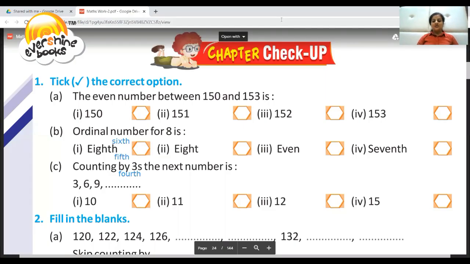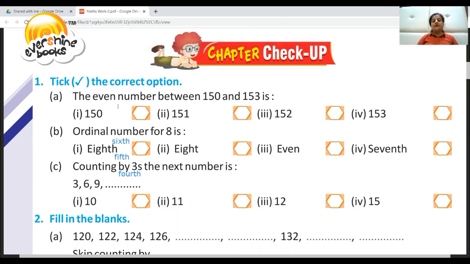Yes students, now we will do chapter checkup. Now we are doctors and we are going to check up our chapter 2, that what we have learned in chapter 2. So just revise it. First question is, tick the correct option. The options are also given in that question. So first of all, we are going to read the question.